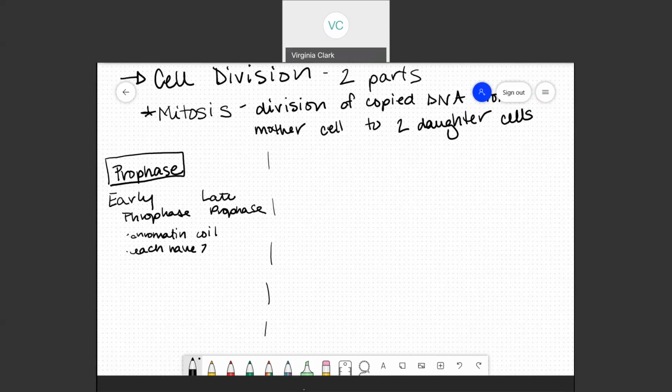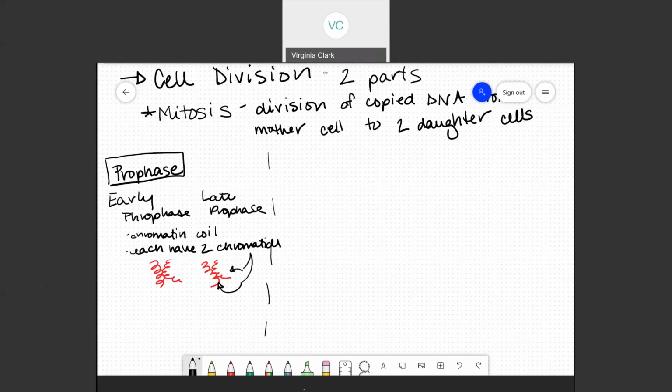So these will have two chromatids. So it's the chromosome coil that is put together. So we're going to have, here's my chromosome coil, and it will be attached at the middle. So chromosome coil, chromosome coil. So each one of these is a chromatid. So they're just attached in the middle.